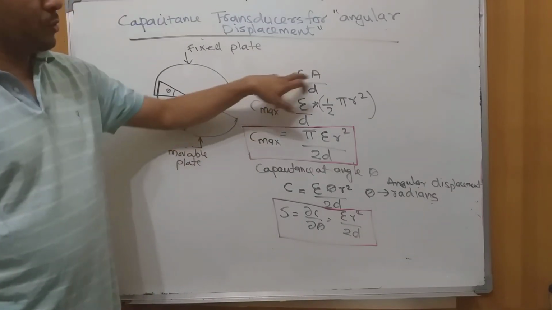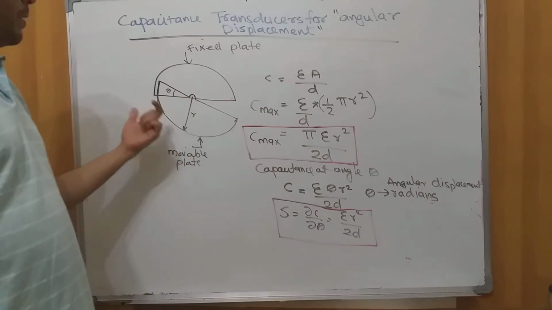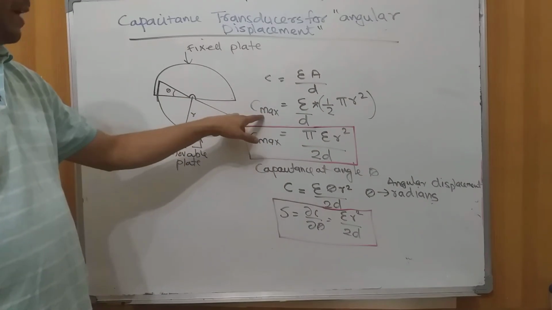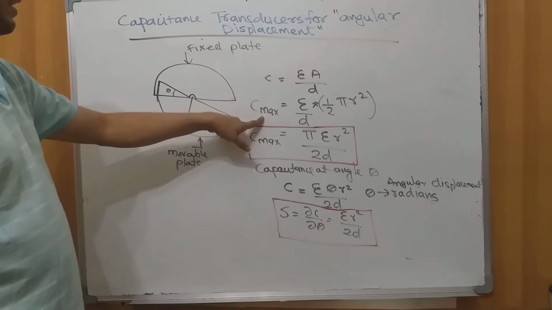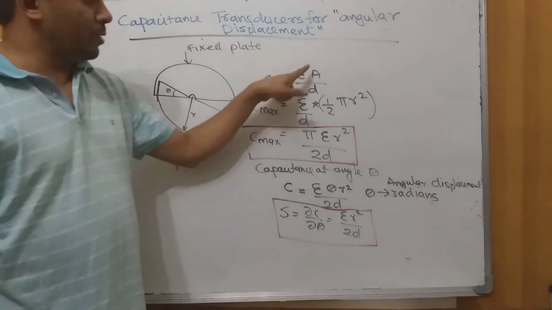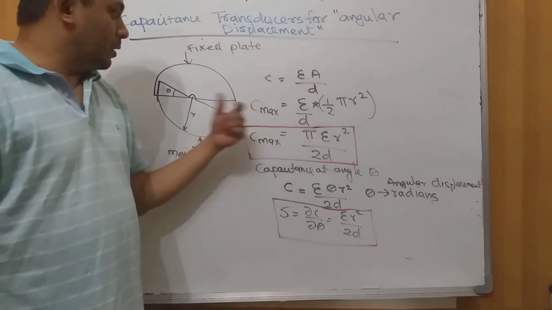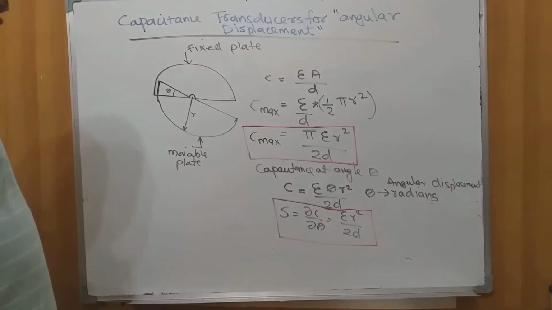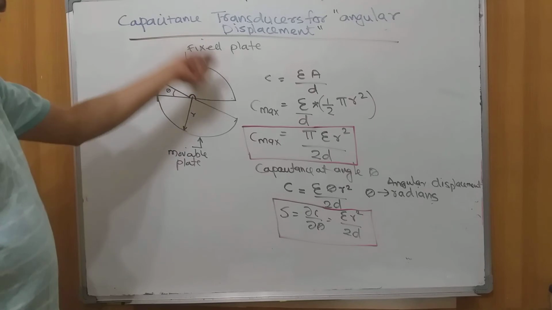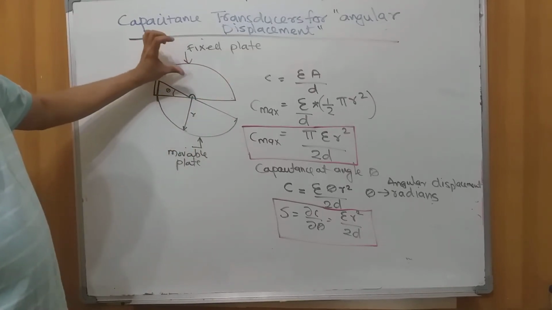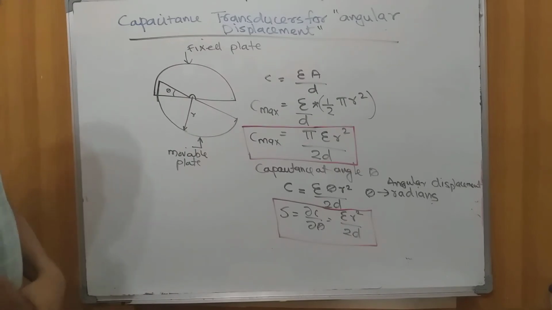C is equal to epsilon A divided by D. In this example, we try to calculate C max, the maximum value of the capacitance that can be obtained from the capacitance transducer. The maximum coverage happens when the plate is completely rotated, and we have the full half circle overlap.